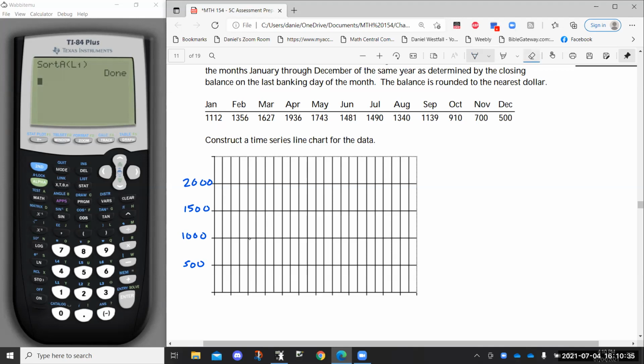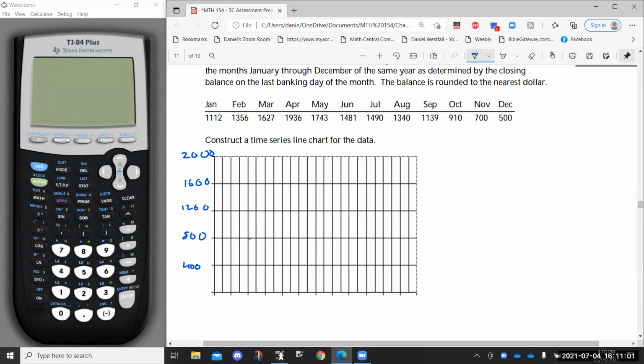Maybe we only need to go by, say, 400s. So our biggest number is not quite 2,000. So let's say 400, 800, 1,200, 1,600, 2,000. There we go.